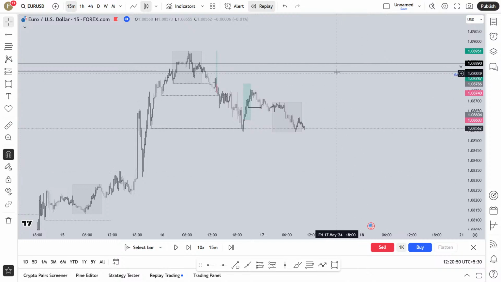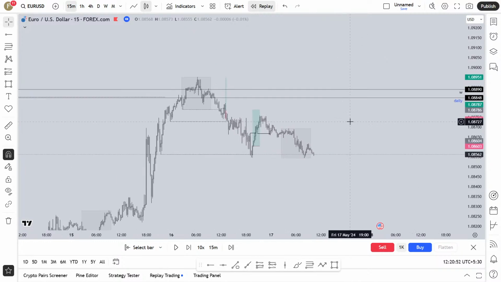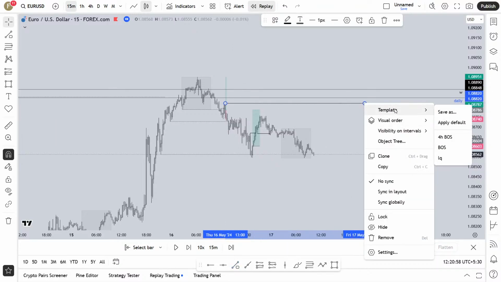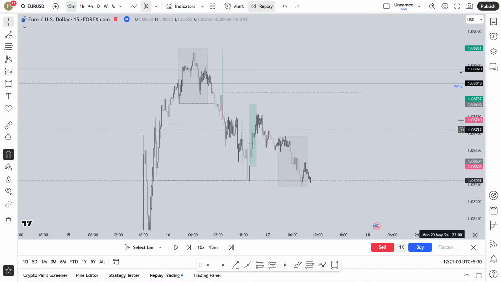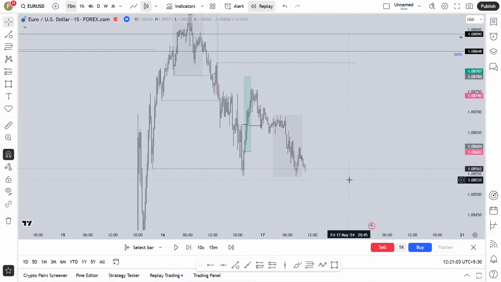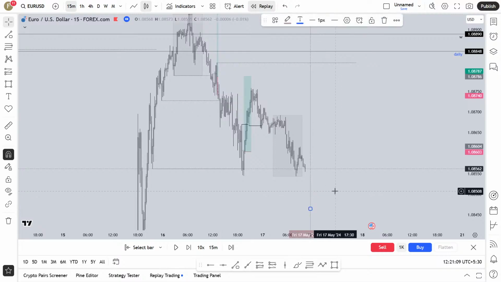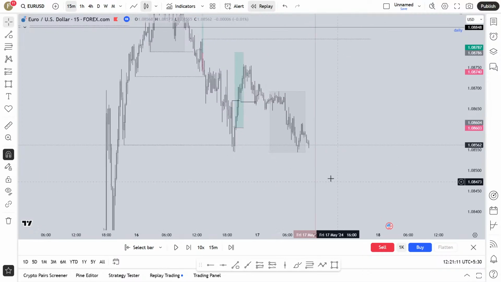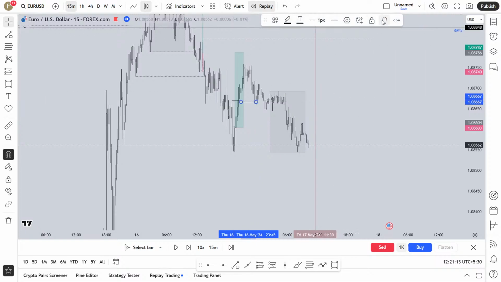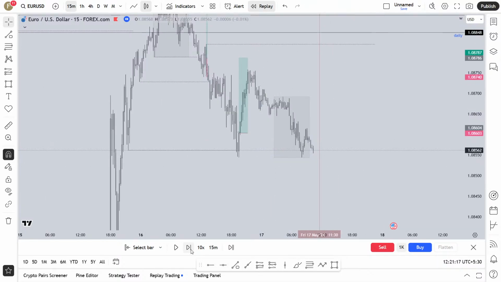So maybe if it goes here, we think for a short, like these all liquidity, I think so. Or let's see if it gives us a good setup. Otherwise we wait, and it is very hard to wait, guys. We all don't wait, and we think something and we take position and we lose money.